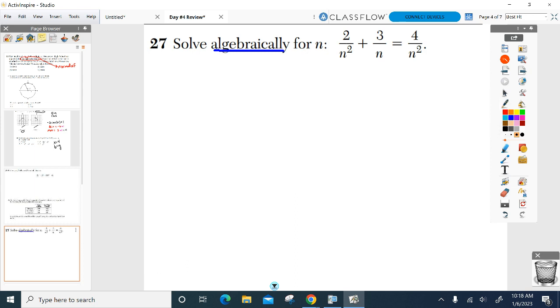All right. I got denominators. I need a common one. Anytime I'm dealing with these fractions, I need a common denominator. I got n squared, n, and n squared. So out of those 3, can we figure out what the common one would be?